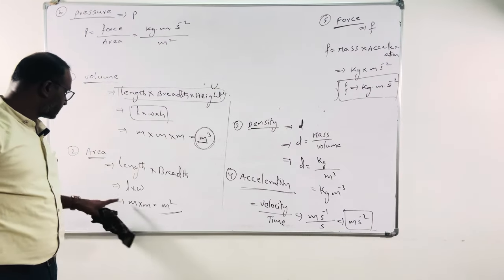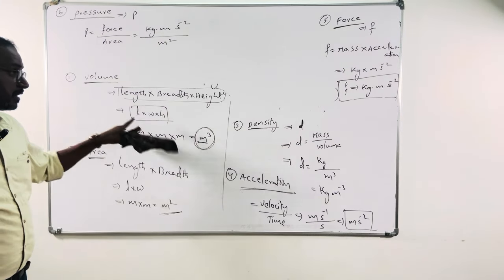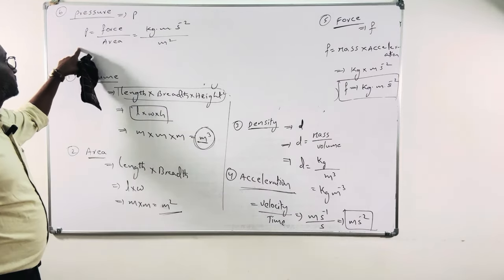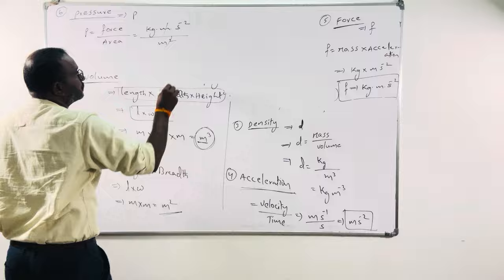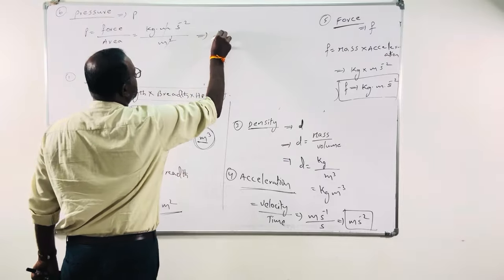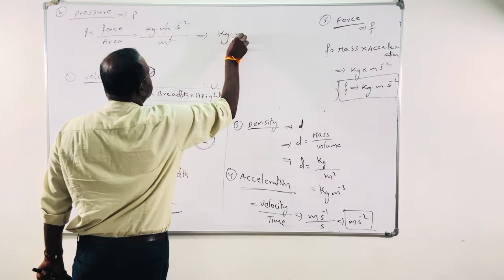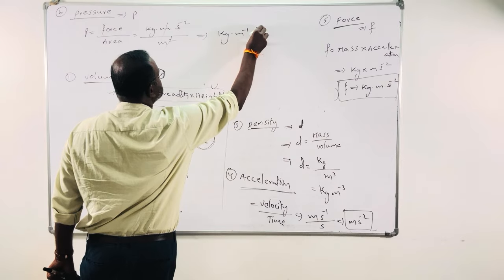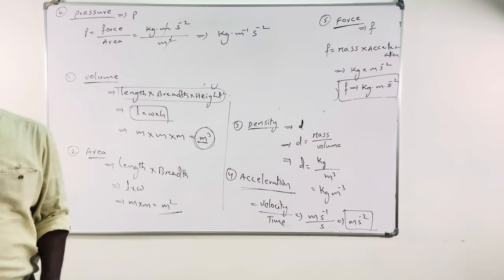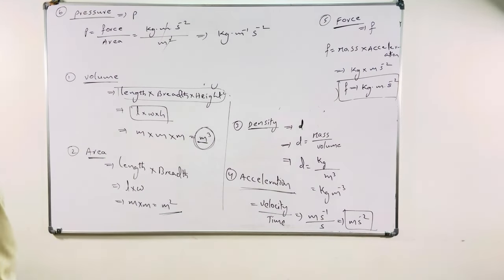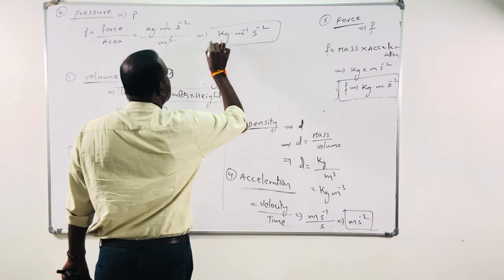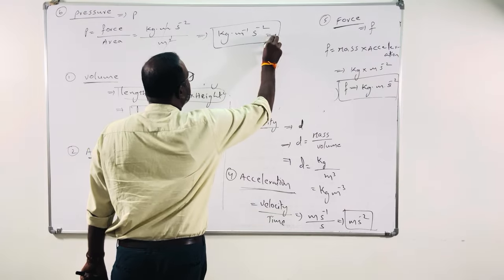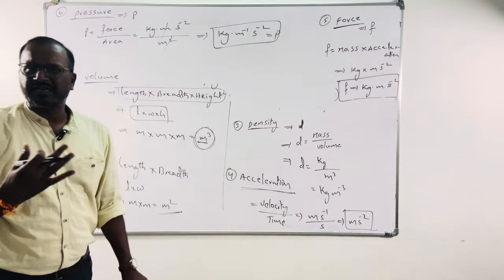So pressure equals force by area. If you cancel these two, the remaining units are kilograms meter inverse per second square inverse. Kilograms meter inverse second square inverse are the units for pressure.